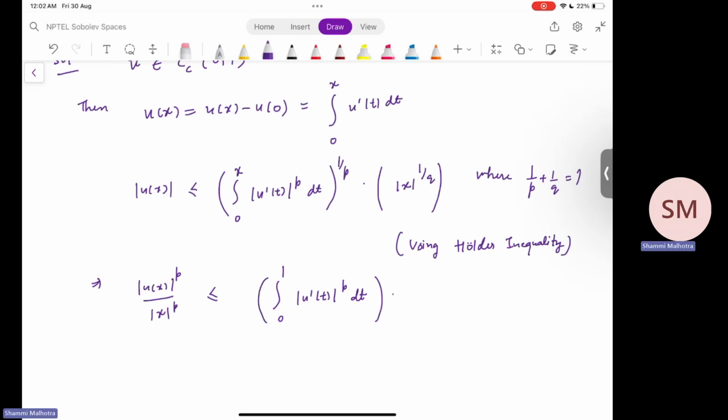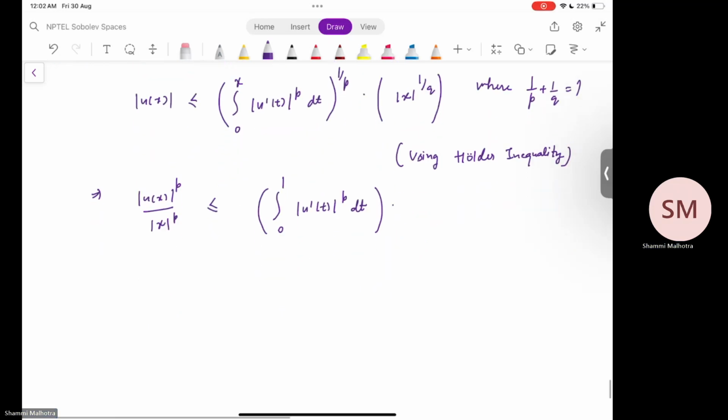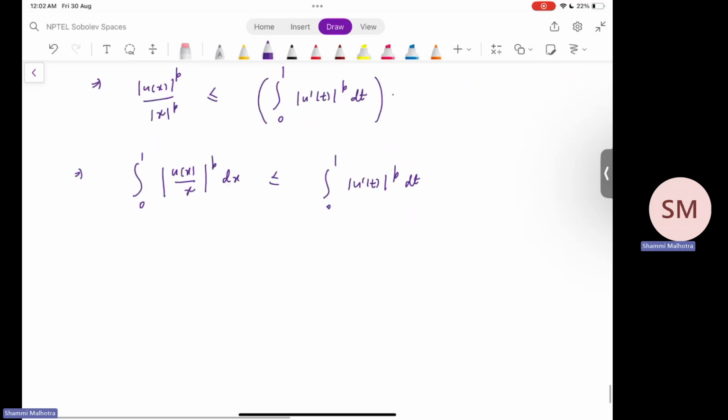And then we know that |x| has a bound 1, so we can use the bound 1 directly here. Then we integrate from 0 to 1 of |u(x)/x|^p dx, which is less than or equal to, since this is just a constant, the integral from 0 to 1 of |u'(t)|^p dt. Then we take the 1 by p power on both sides.